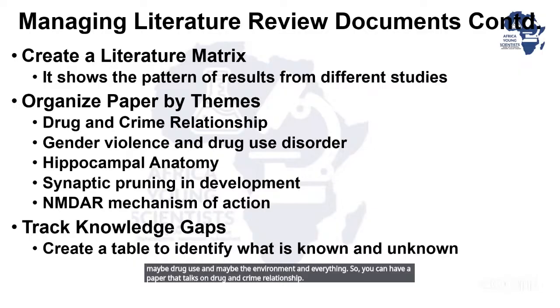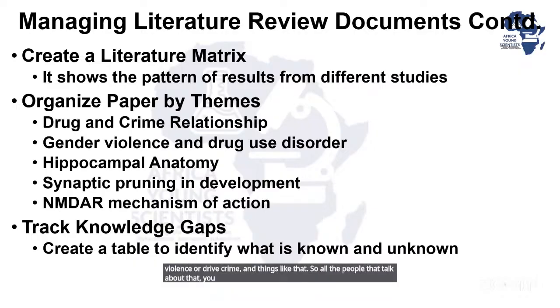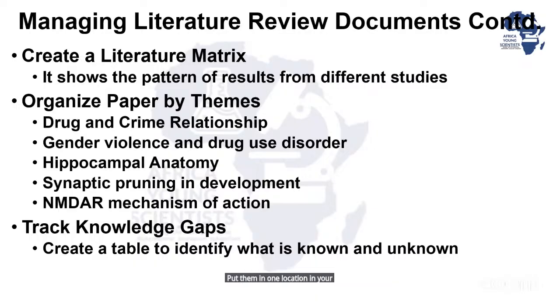All the papers that talk about how prevalence of drug use drives violence or crime, you group them together and put them in one location in your matrix, or let me say in your library.